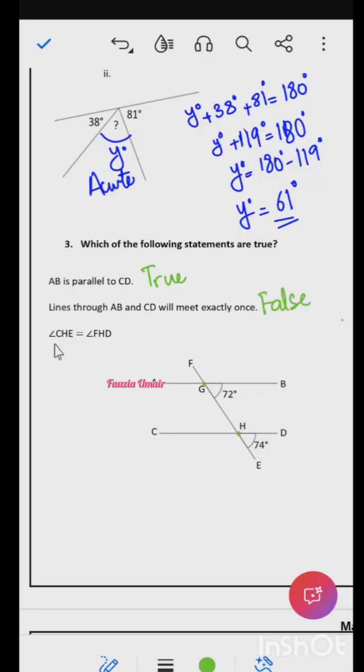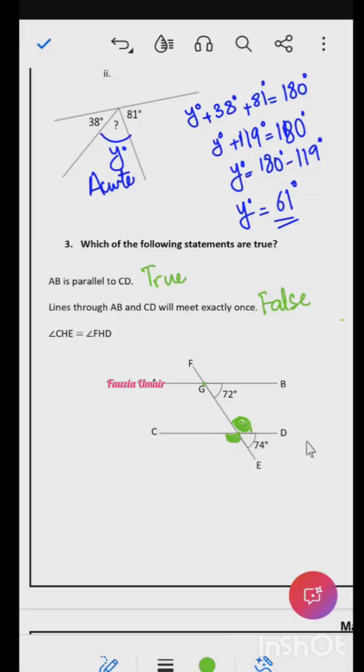Yes. So now the third is angle CHE equal to angle FHD. Which angle is CHE? This angle. And FHD, this one. Do you think they are the same angle?